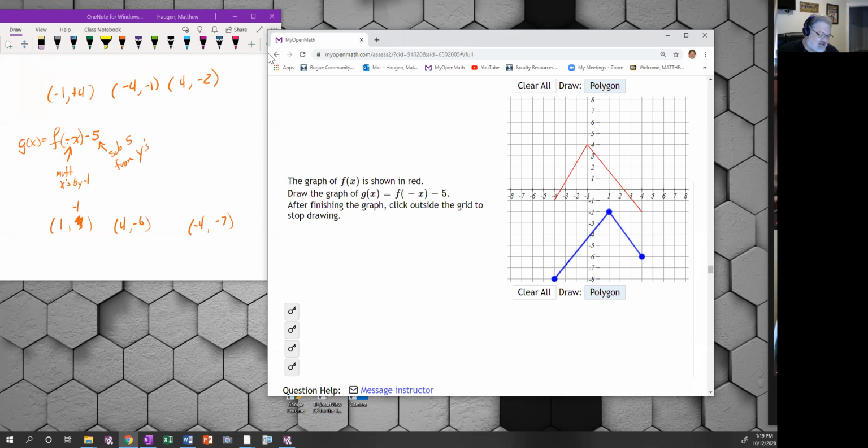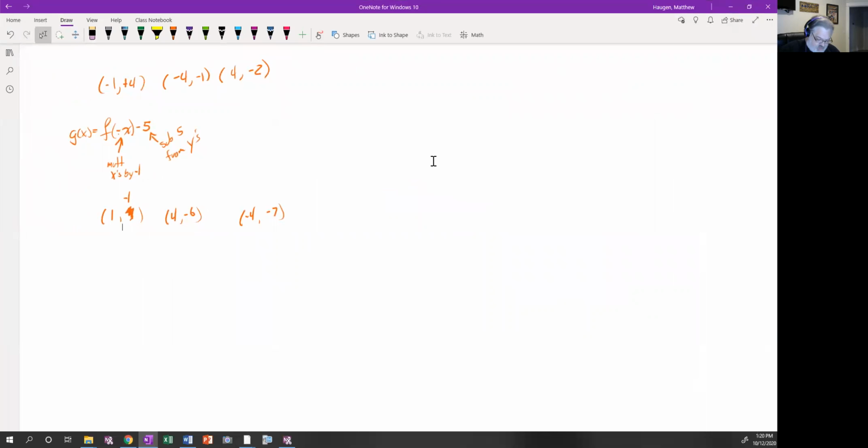And one of the goals of being comfortable with this process is for when somebody gives us a function like this and we're like, well, what does this function look like? How does it behave? Where is it increasing? Where is it decreasing?